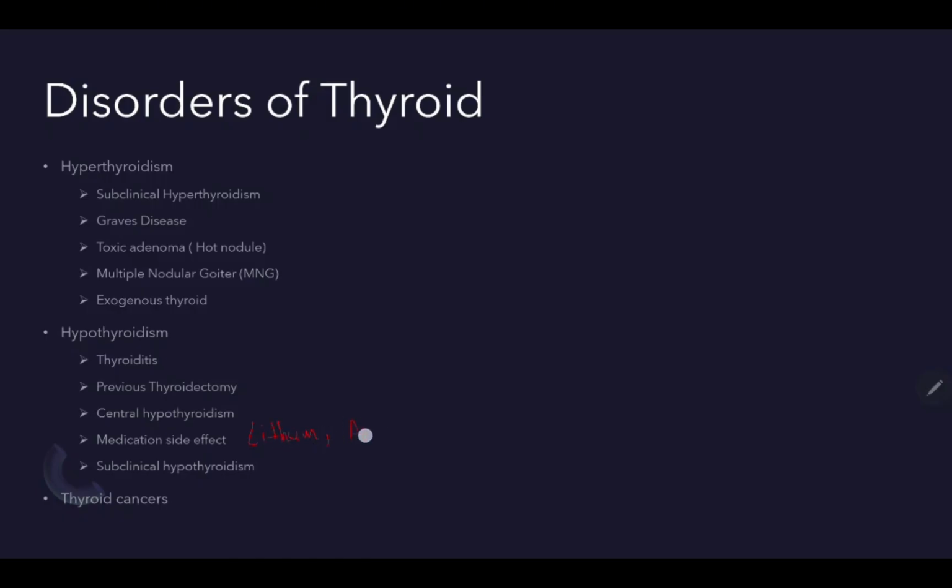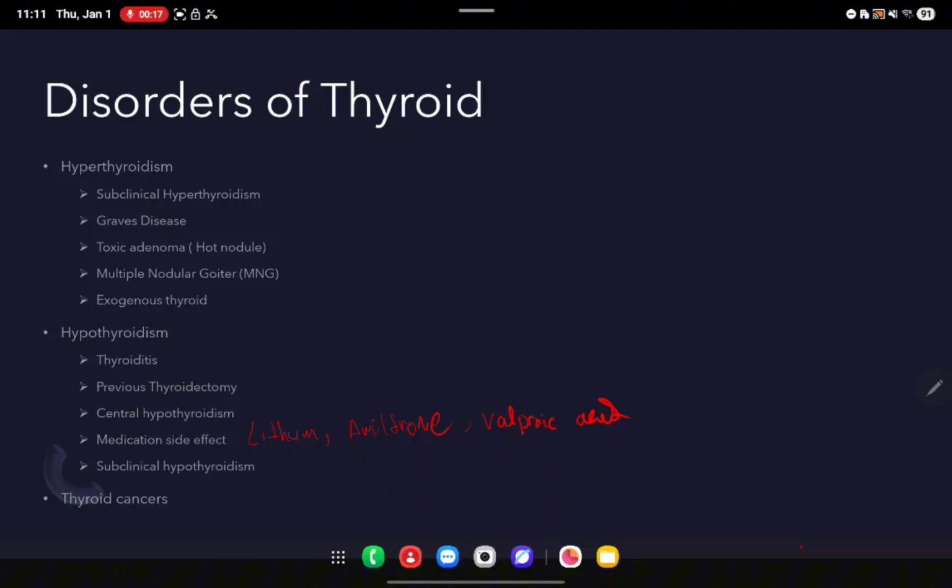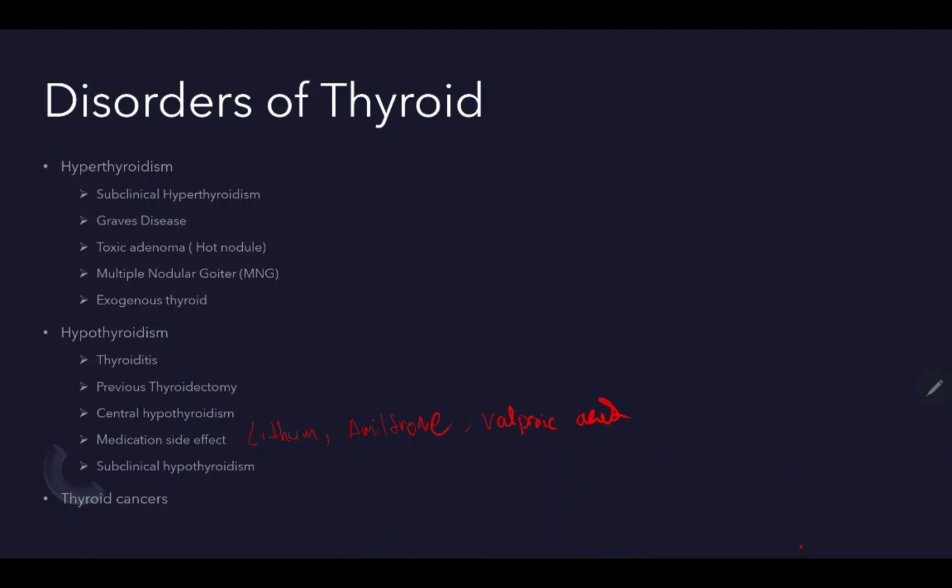Also can have amiodarone, or even sometimes valproic acid. Okay, that's not common, but also can be the cause here. But I will stress lithium and amiodarone. And subclinical hypothyroidism, the same concept as the first one. Thyroid cancers also we will talk about.